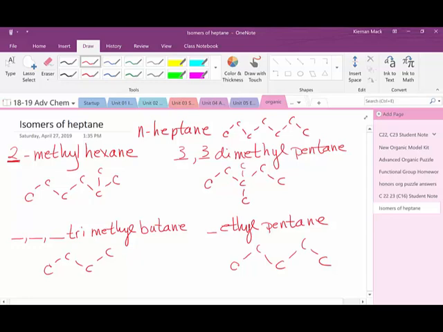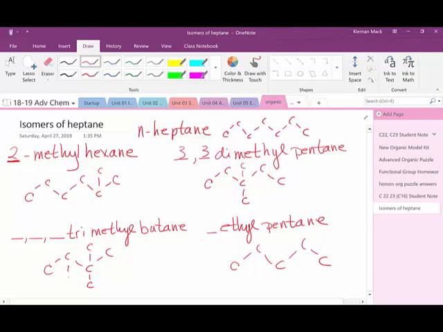It is possible to have a trimethylbutane. Still, we're talking about isomers of heptane. So 1, 2, and 3. I am not allowed to put another carbon there because carbon will not accept more than 4 bonds.